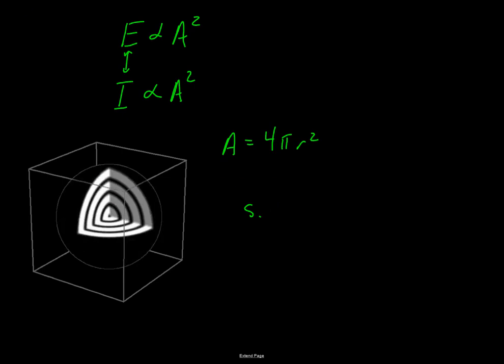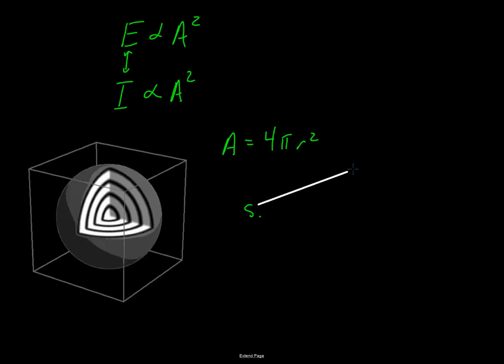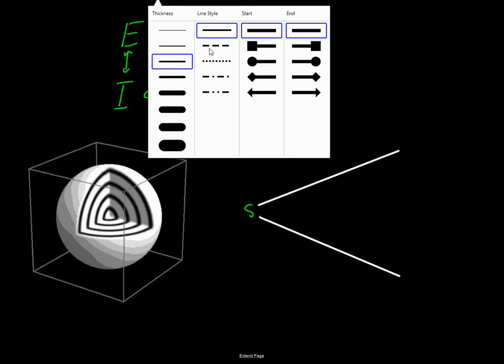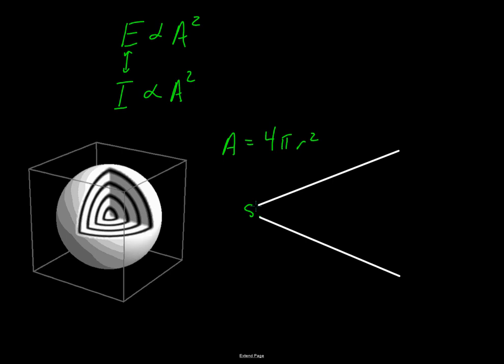So what we'll do here is we'll try to figure out what exactly we're talking about. We're just going to take a slice of this. The source is meant to be right at the center, and we're going to imagine projecting outward from there like this. A little bit hard to draw, but we'll see if we can do our best.